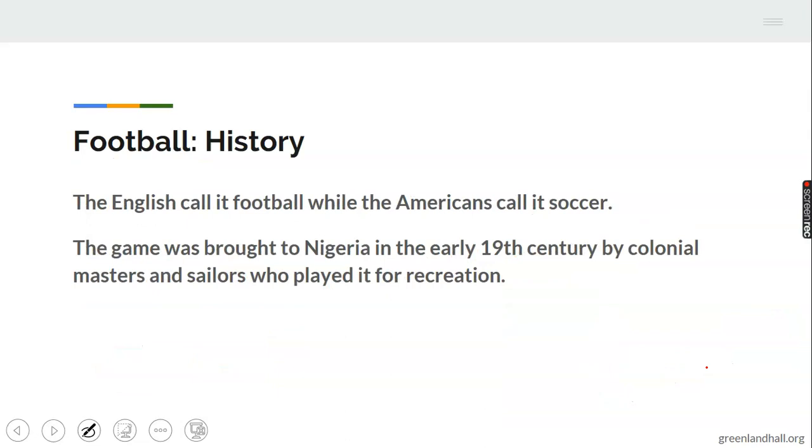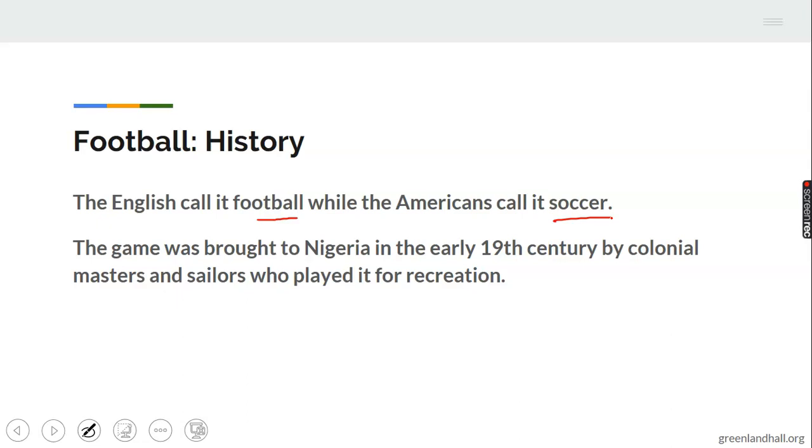Now let's look at a brief history of football. Yes, the English call it football, while the Americans call it soccer. Any one of them is correct. Now, the game was brought to Nigeria in the early 19th century by colonial masters and sailors who played it for recreation.